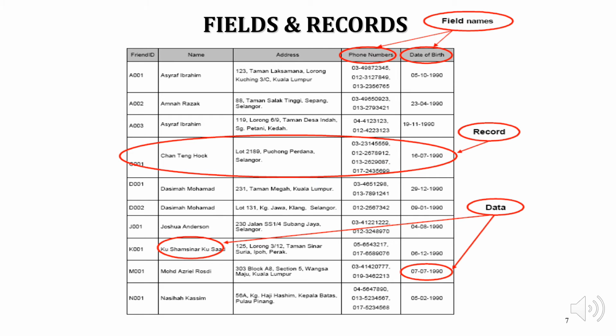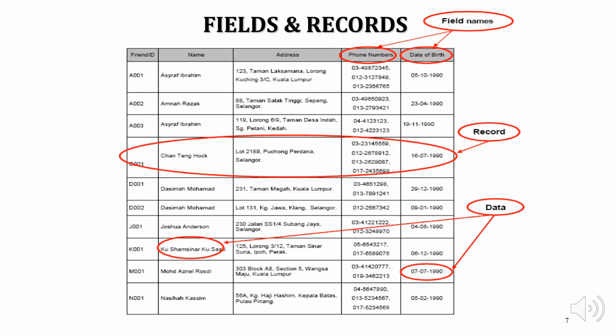Okay, field and record. So this is a table of records. A record contains 5 field names, which are friend ID, name, address, phone numbers, and date of birth. So they have 5 field names.